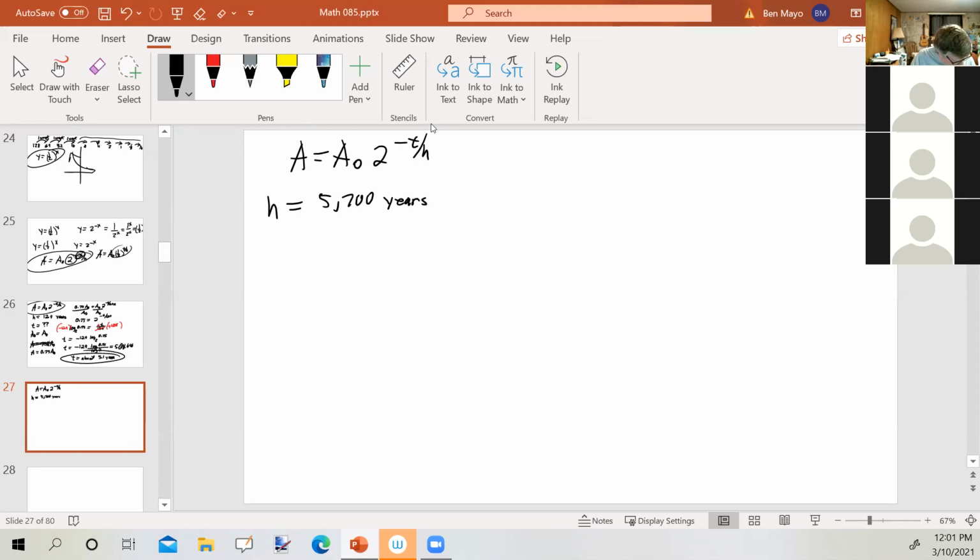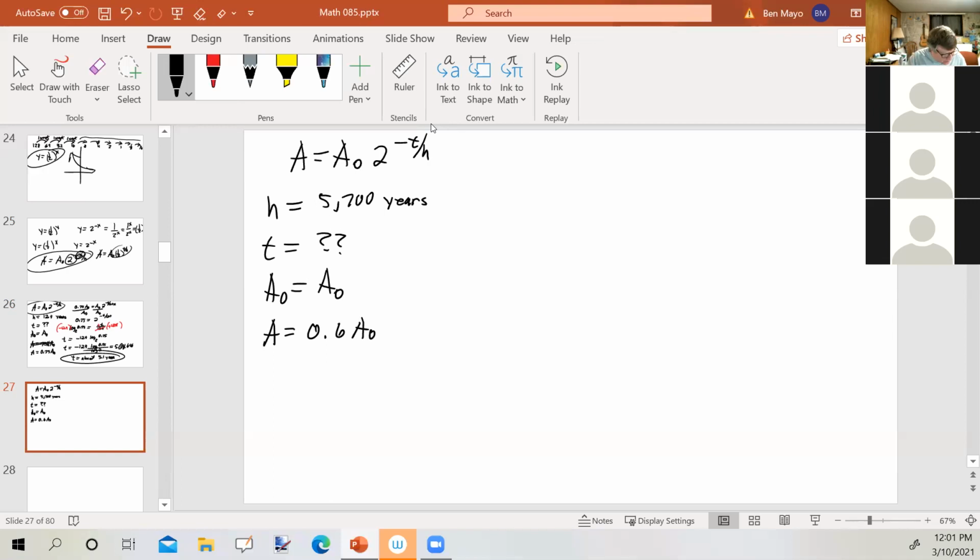How old is it? So time is the unknown. Now, we don't know the beginning amount. The ending amount, it says it contains 60%. So the ending amount is 0.6 times the beginning amount.